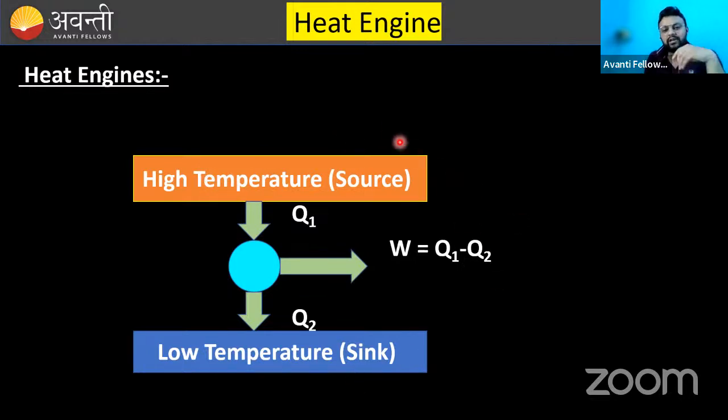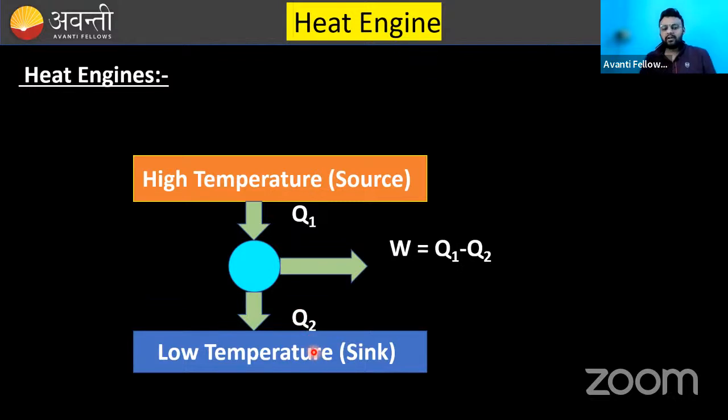The high temperature body is called the source and the low temperature body is called the sink. The working substance takes heat from the source. Suppose it has taken Q1 heat from the source, performs some work W, and rejects some heat Q2 to the sink.